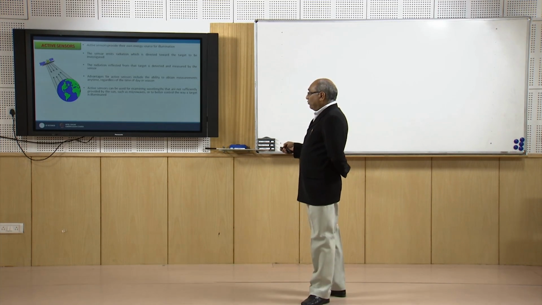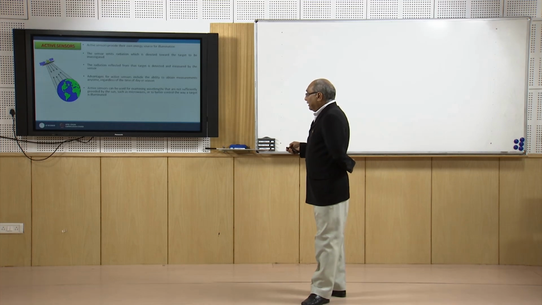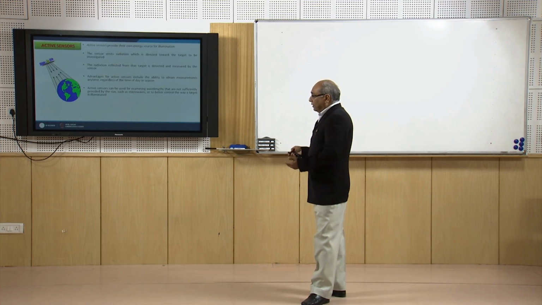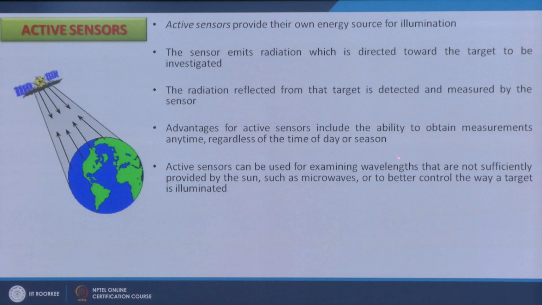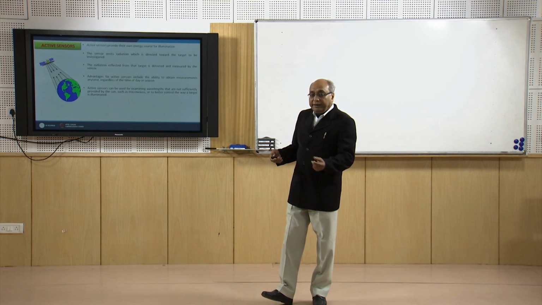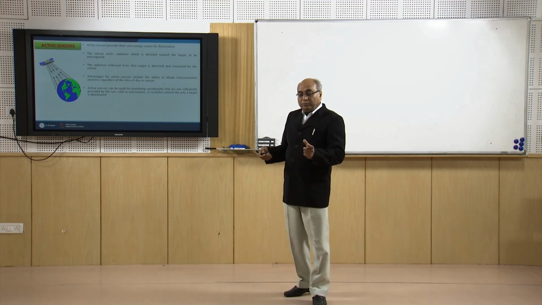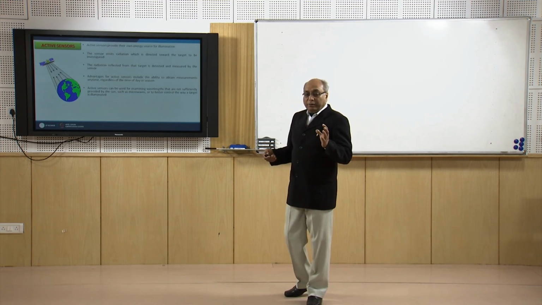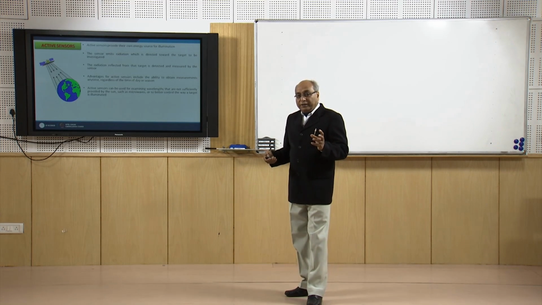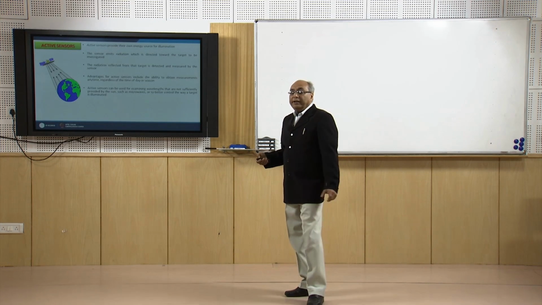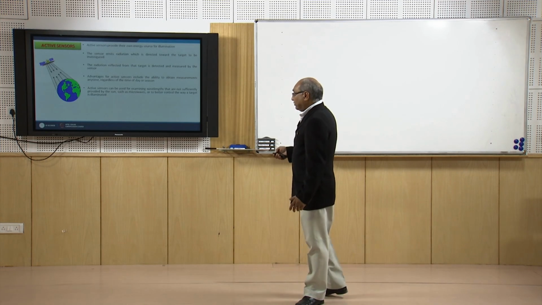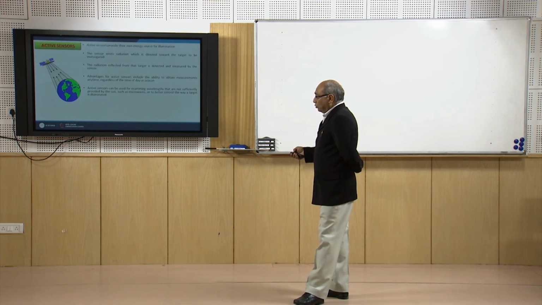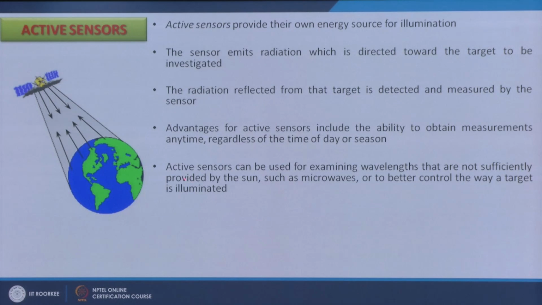Another advantage is that in the microwave region, where most of the active sensors operate, the wavelength is much larger. So clouds, gas particles and dust particles will not create any scattering or absorption, and you get very nice clear pictures through these radar remote sensing satellites.